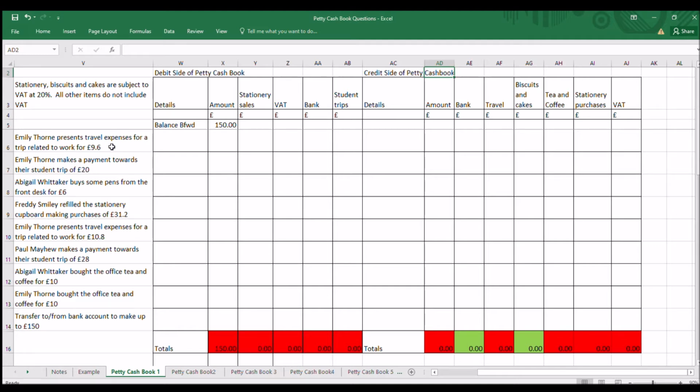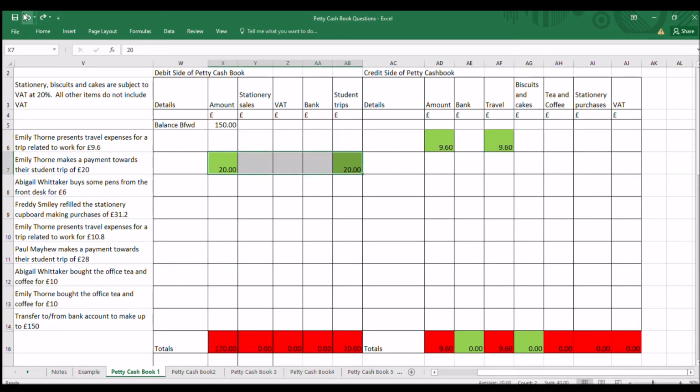So let's go through this one. Emily's form presents the travel expenses for a trip related to work. That's not vatable, so it's going to go in this expense, on the credit side of the petty cash book. Credit petty cash, debit the expense, £9.60. Then there's a payment towards a student trip of £20, so debit petty cash, credit student trips.